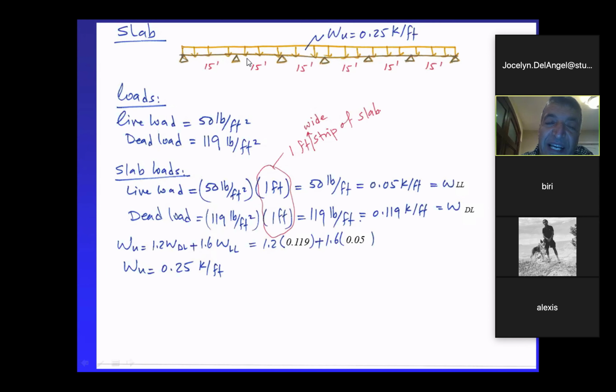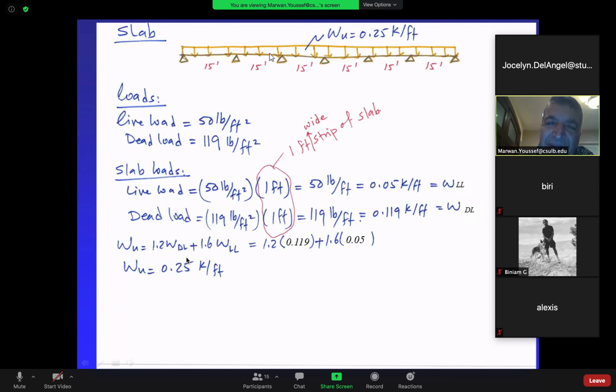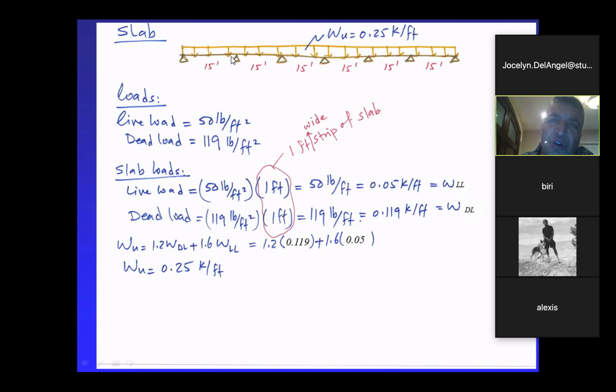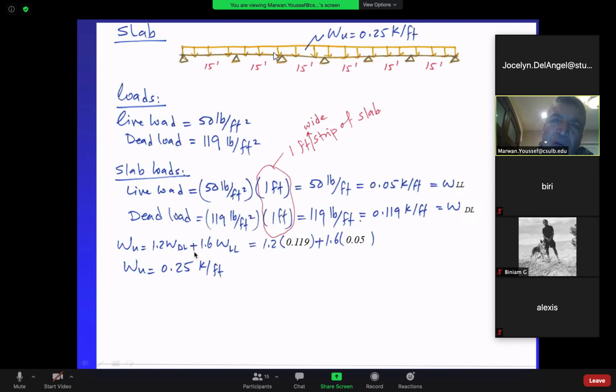So the slab has to carry that. Does that make sense? So I have to know these loads, and then what kind of rebars I'm gonna put between these supports. Okay, so that's the idea. I see. Good questions though, very good. But trust me, it's gonna all be clear at the end. Don't worry. All right. Thank you, Professor. You're welcome. Good job.